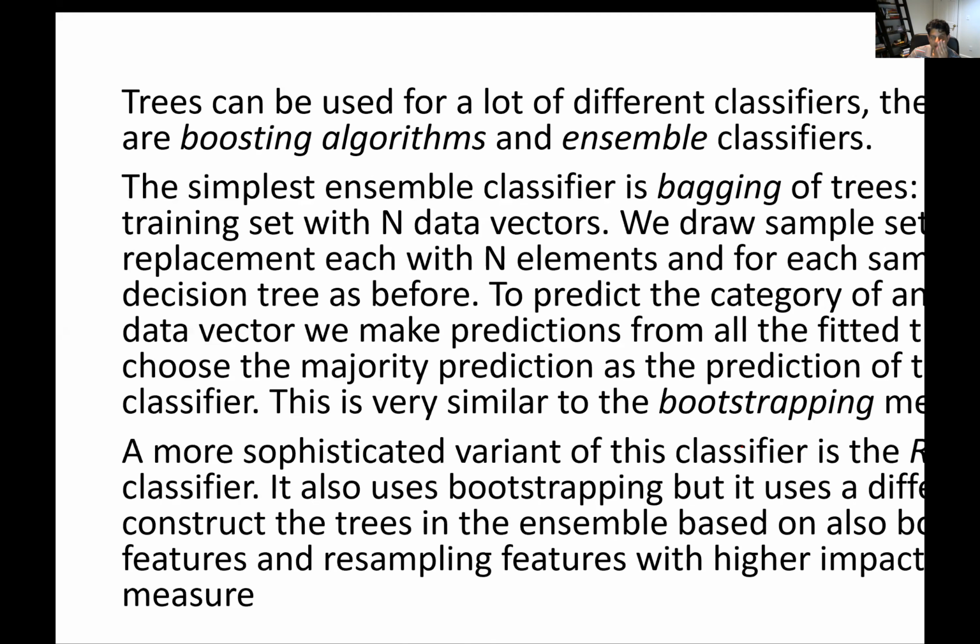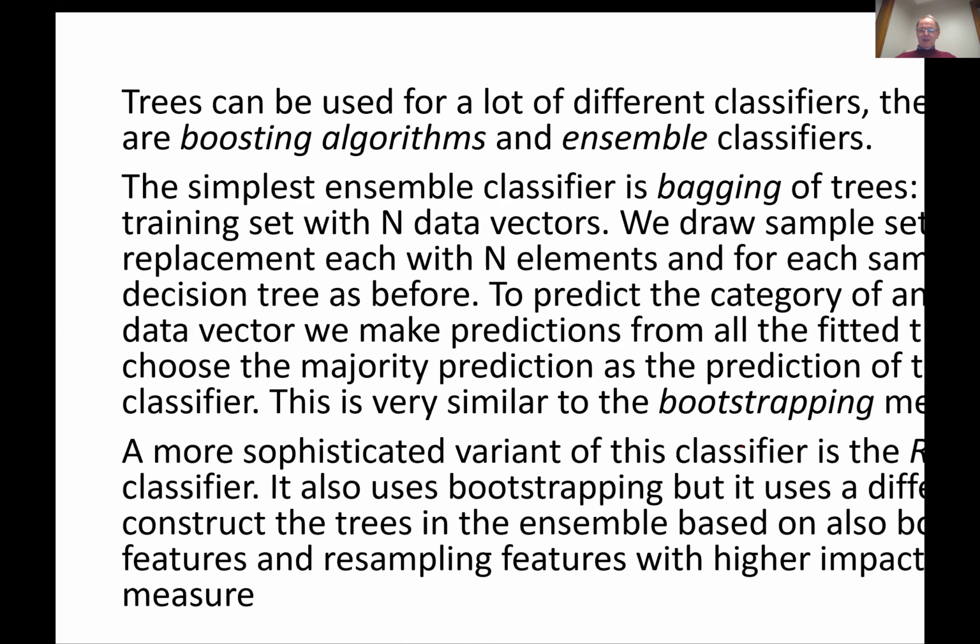No, sorry, I think I'm missing one thing. A training set has n data vectors, and from that we are picking. Okay, so here's how you draw: you draw one point and keep that, and then you put it back. Oh, I see. Okay, sorry, I got it. And you can do this almost as many times as you want. For each sample, you make a tree, and that gives you a large number of trees, depending on how many samples you draw.